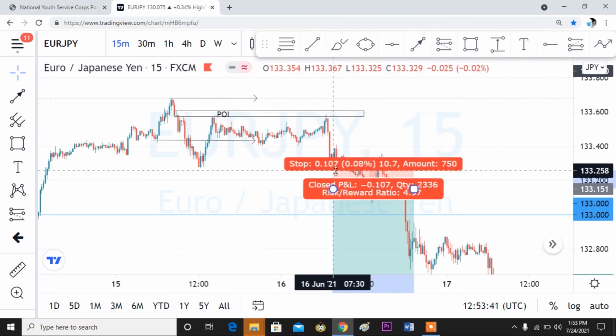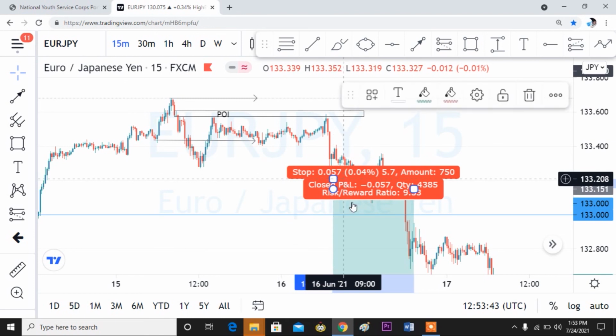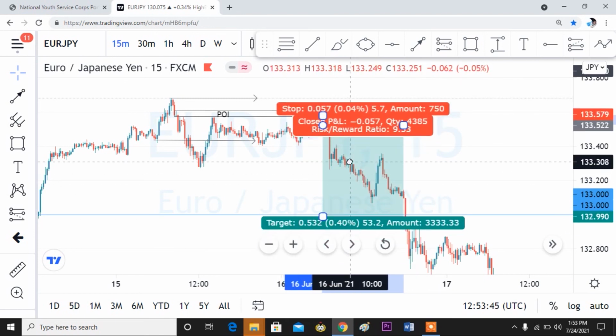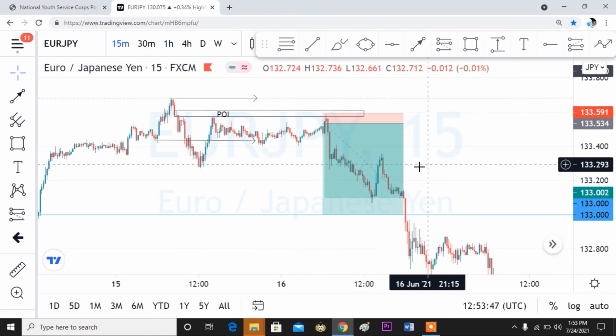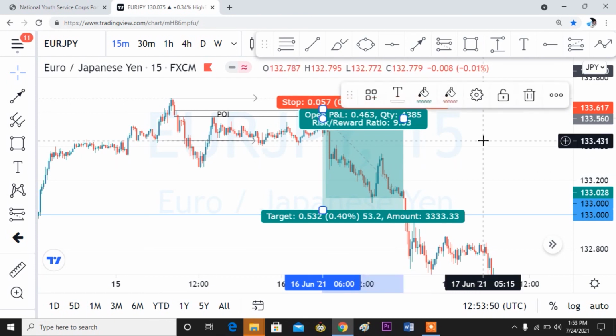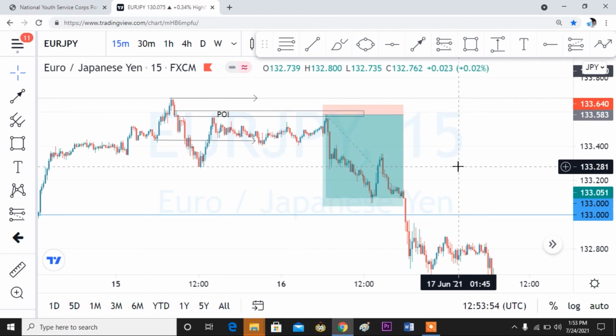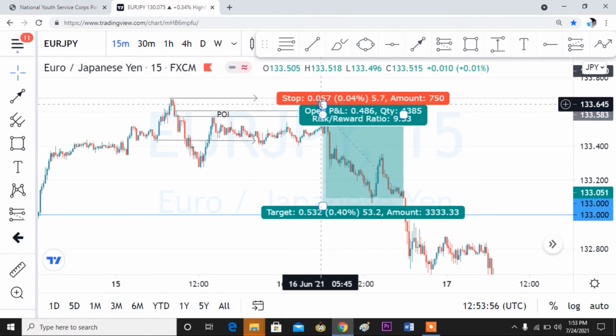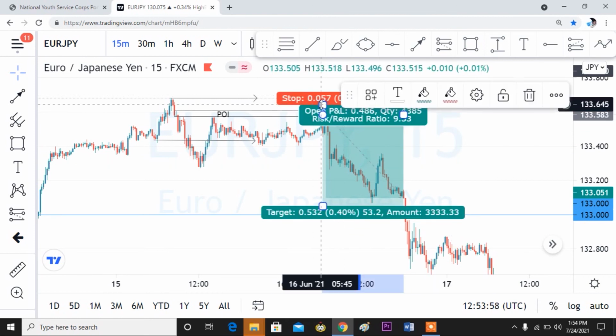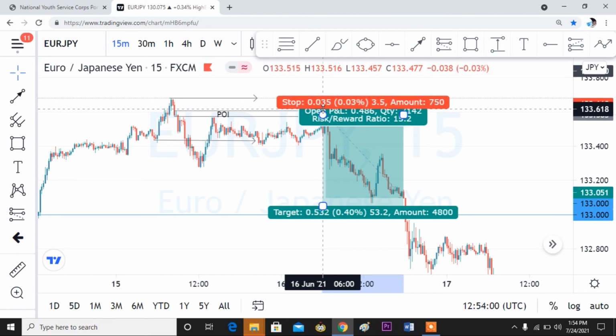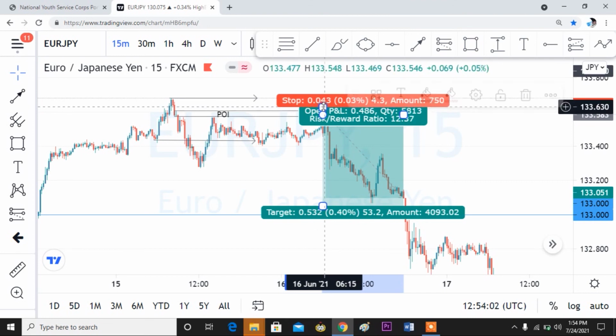Okay, this is too big. All right, so with our stop loss just above the wick of the bullish candle.